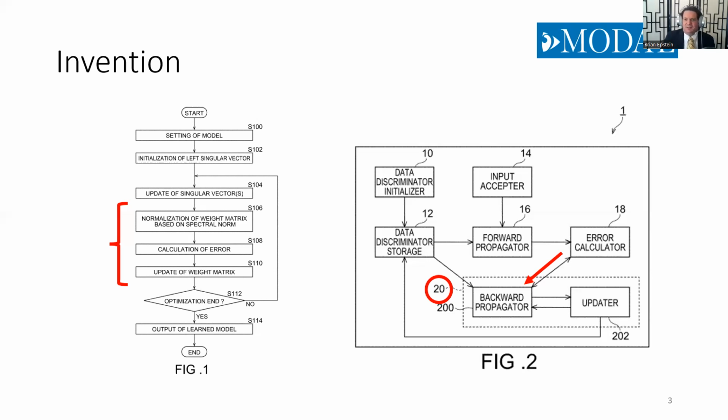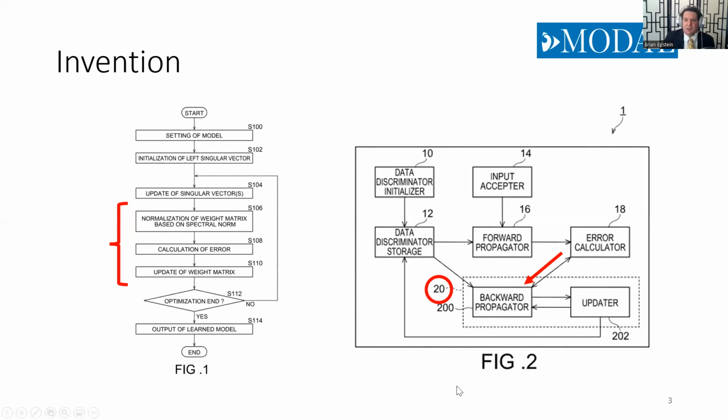Next, a second inference result of whether the false data is not correct answer data is acquired. And then by a loss function as represented in equation 3, the error is calculated based on these first and second inference results. In S110, the weight matrix is updated based on the error.